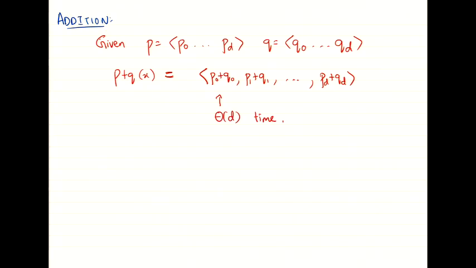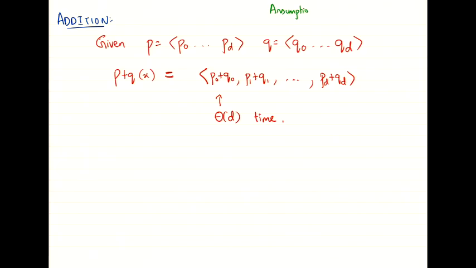Okay? So one thing I'm assuming in all of the lecture today and in this entire topic of FFT is we're going to assume that all the numbers are constant size. So each arithmetic operation takes a constant time. So each addition, multiplication takes a constant time. So that's going to be a running assumption all throughout this topic.